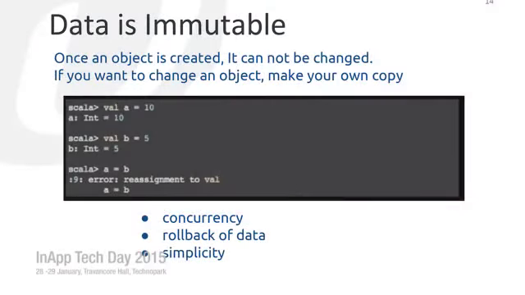Then the main point is that data is immutable. This is the main point in functional programming. We can't change the value of a variable in functional programming. This is a main concept. If you want to change an object, you need to make a copy.